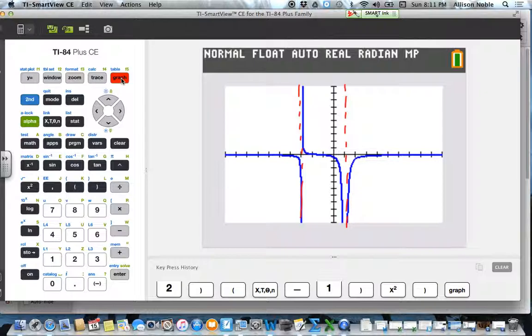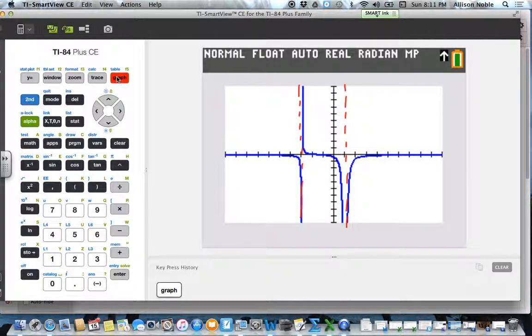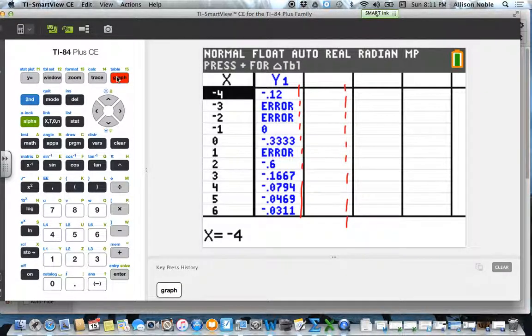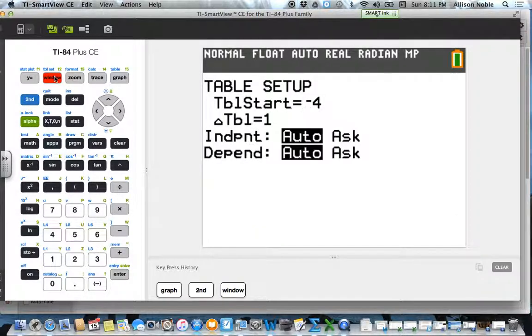If you go to second graph, it takes you to a table of values, which is going to be extremely useful when you're graphing these by hand, but I guess using a calculator. So in here, you can go to second window, and you can set your table. You can say where you want it to start.